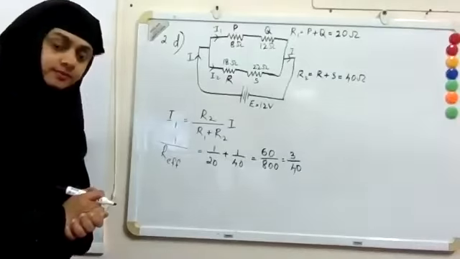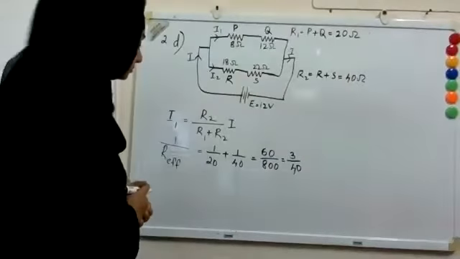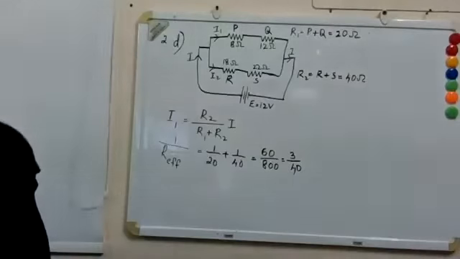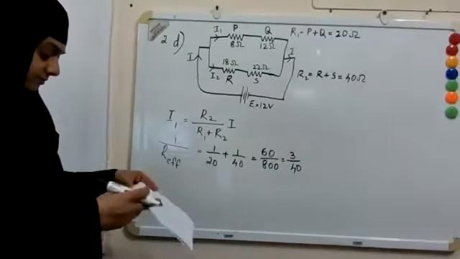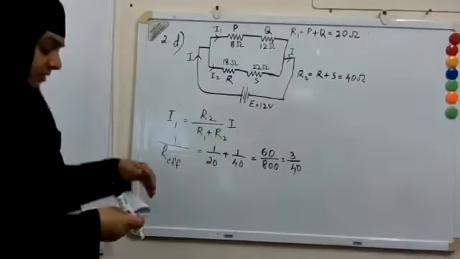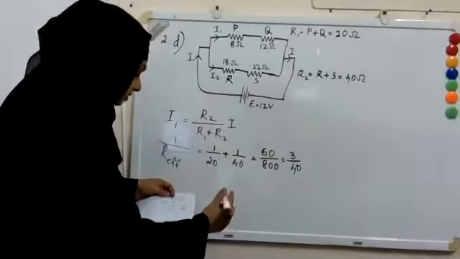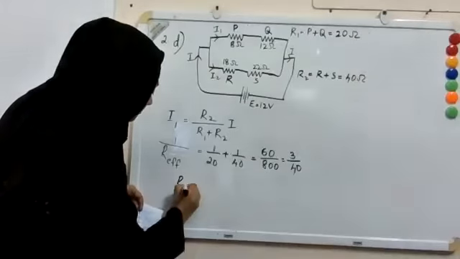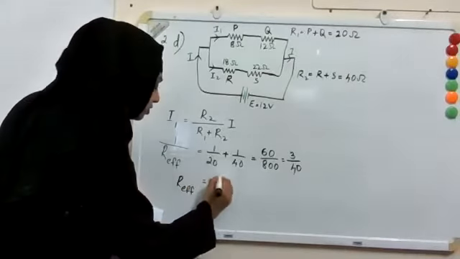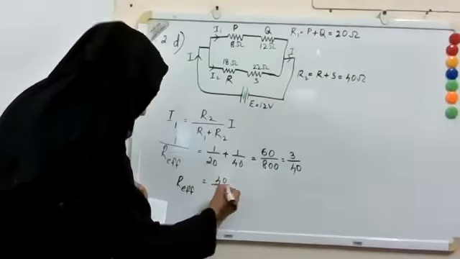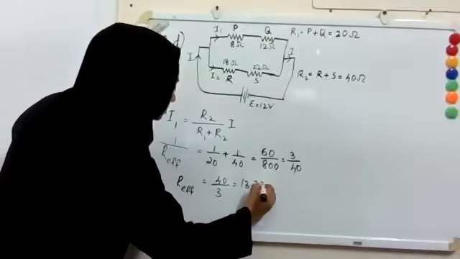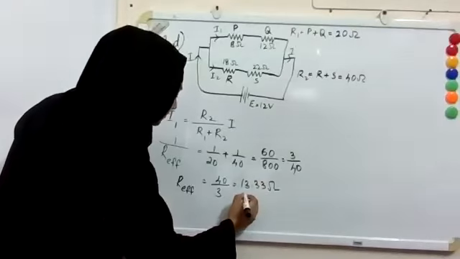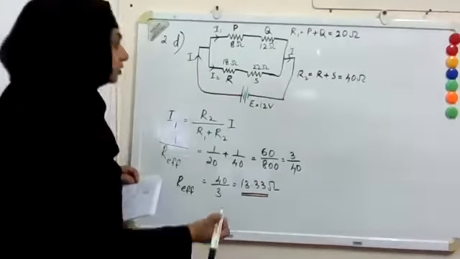Yes, teacher, clear. Okay. So, 60 by 800. Let me check how much I got while doing. So 3 by 40, or R effective is equal to 40 divided by 3, and I got it as equal to 13.33 ohms. That is the effective resistance of the circuit now.